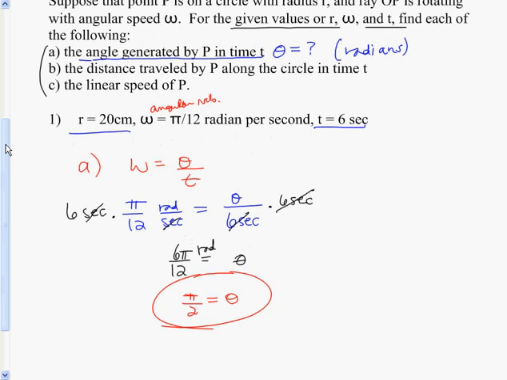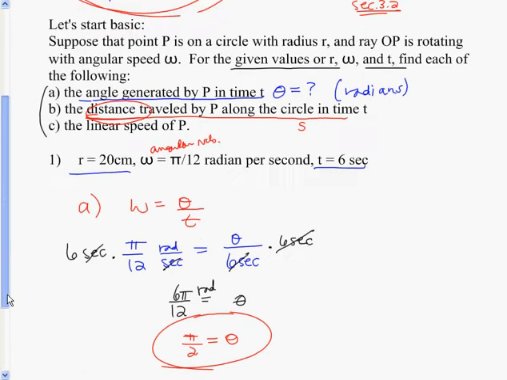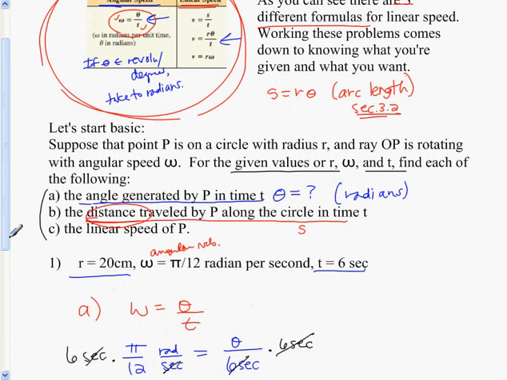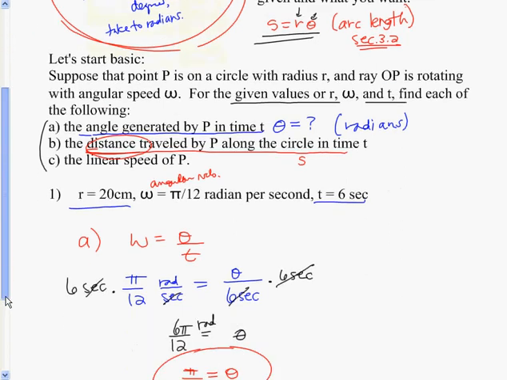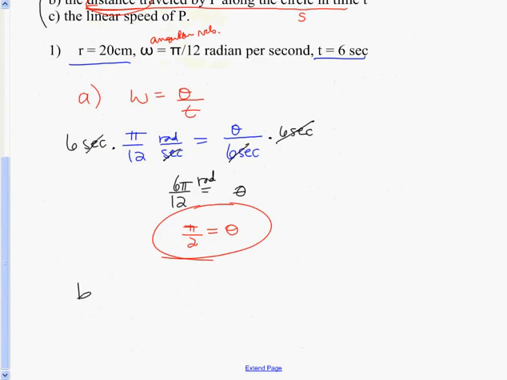Now B part asks you to find the distance traveled by P along the circle. Distance is going to be your arc length. Okay, so thinking about my formula for arc length, I know that arc length, back from what we've previously learned, is the radius times theta. Well, I just found theta, and I have the radius. So I'm going to use that formula for arc length.